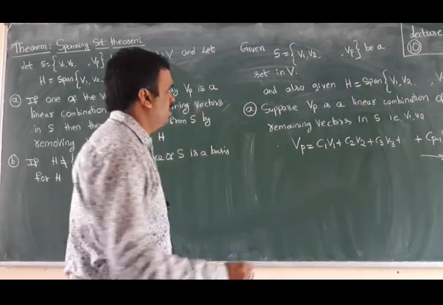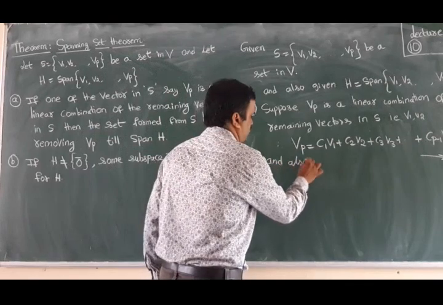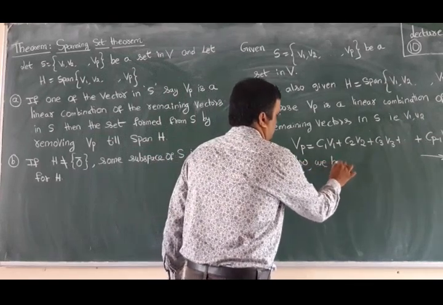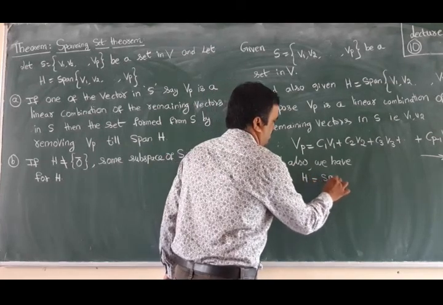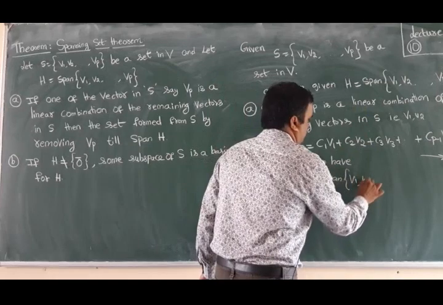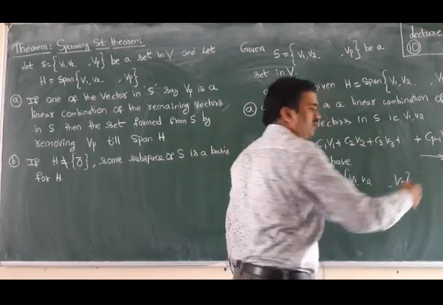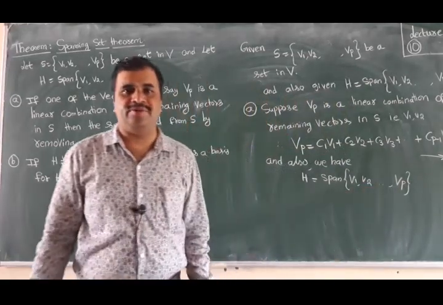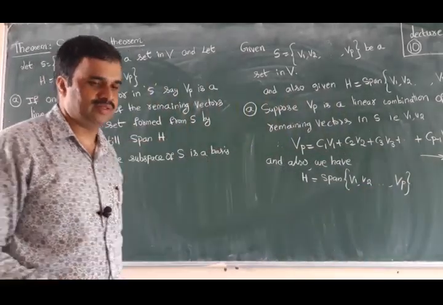Now also we have H equal to span of V1, V2, so on, Vp. Nothing but the linear combination of these P vectors will get one more vector.